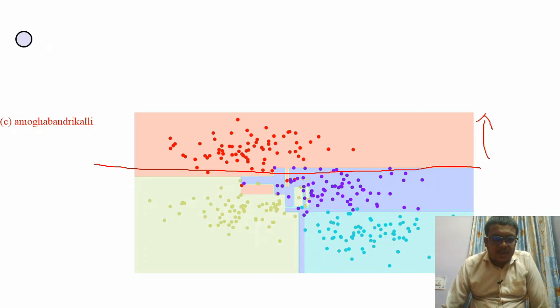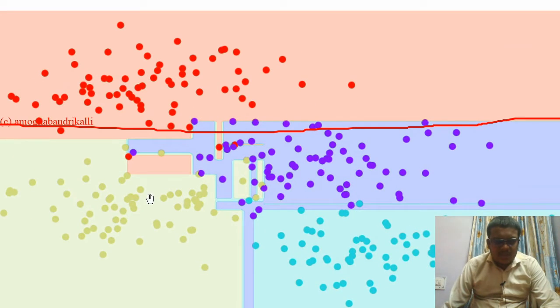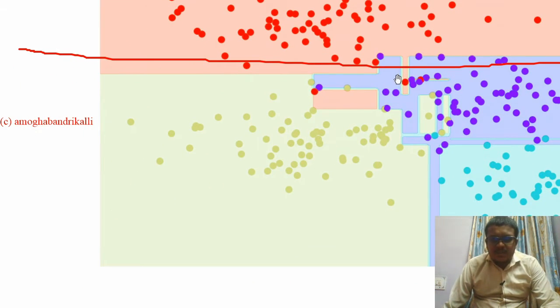There is no need to have subdivisions except for nodes that do not contain only one color. Till then you can have a subdivision. Here you can take a look. At some point you can see there is a subdivision.